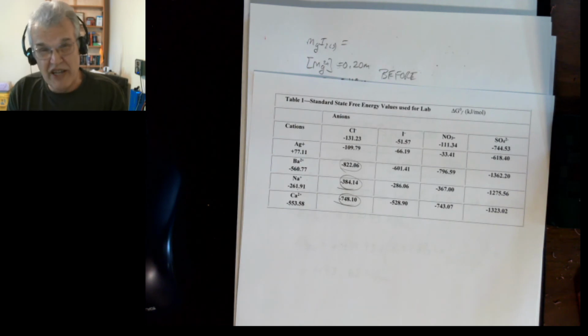You don't have to do them the way I showed you, but if you take it step by step the way I showed you, first figure out what is the concentration of the ions before mixing, what is the concentration of the ions after mixing, what is the delta G for the basic reaction, then what is the delta G naught, setting up my Q based on that precipitation reaction. You've got to write it as a precipitation, not as a dissolving. You will get the right values if you do it systematically, step by step, and carefully.